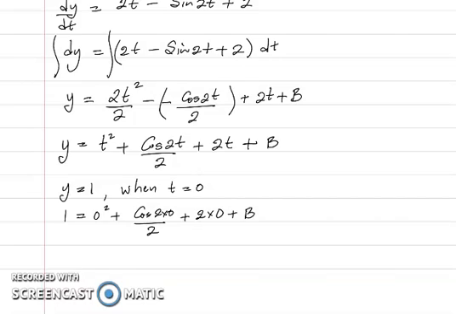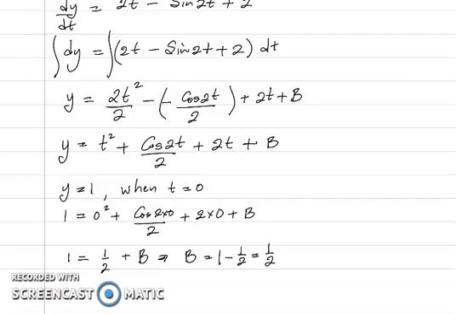So this would become 1 is equal to a half plus b. The reason for that is because the cosine of 2 times 0 is the cosine of 0, which is 1. Therefore b is equal to 1 minus a half, which is equal to a half.